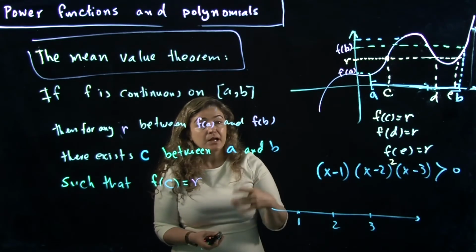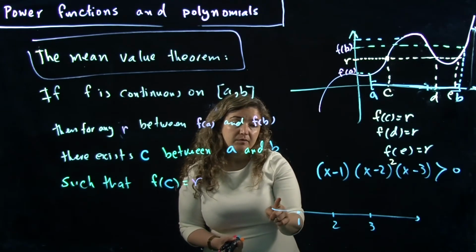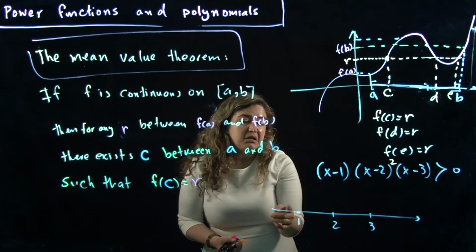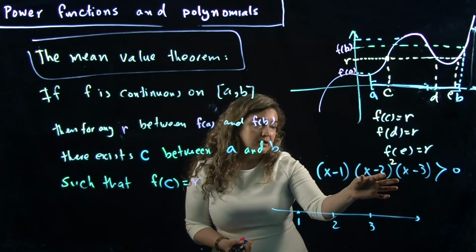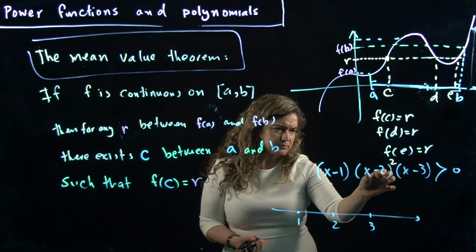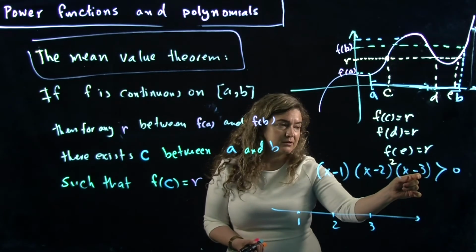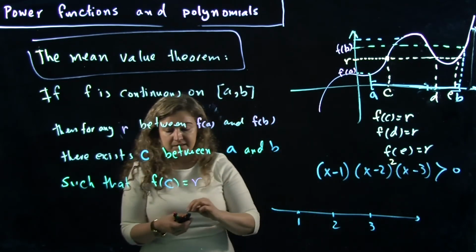Then I can find a testing point, let's say I plug in 0. If I plug in 0, I get negative 1 times negative 2 to the power 2, which is a positive value, times a negative value here. So the entire thing would be a positive value.